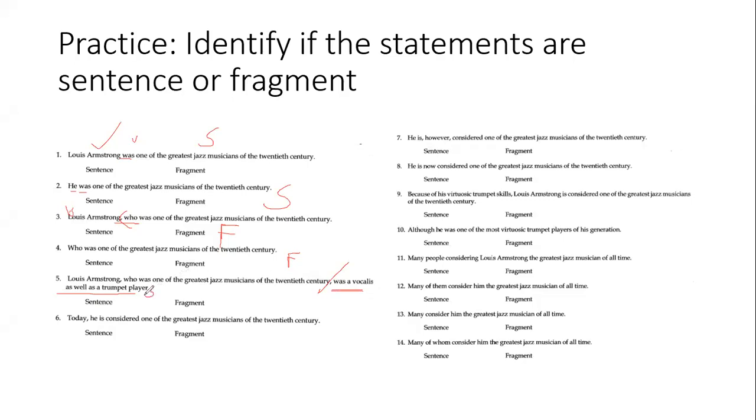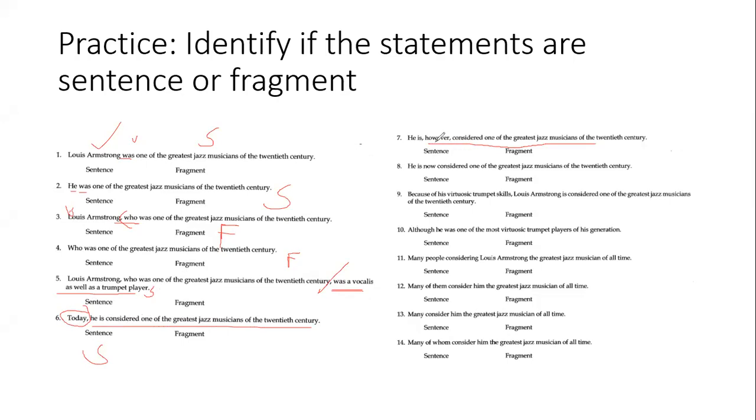So sentence again. Today, he is considered one of the greatest jazz musicians of the 20th century. Today, okay. I have a complete sentence. Next, he is, however, considered one of the greatest jazz musicians.